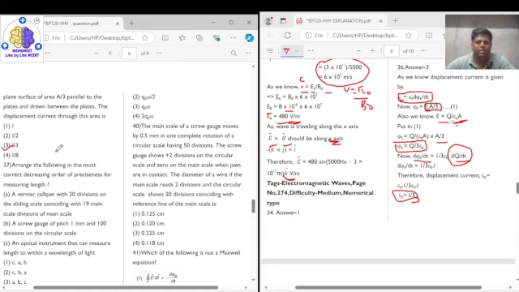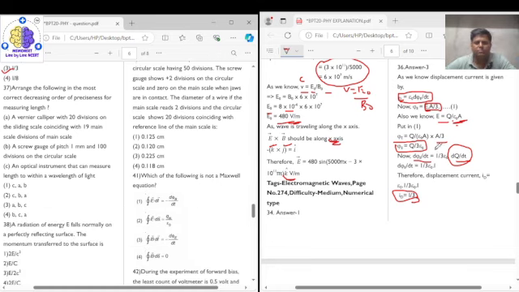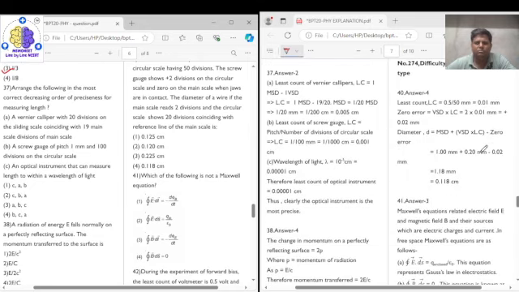Now coming to question number 37, it says to arrange the most correct decreasing order of preciseness for measuring length. A vernier caliper of 20 divisions in the sliding scale coincides with 19 main scale divisions.